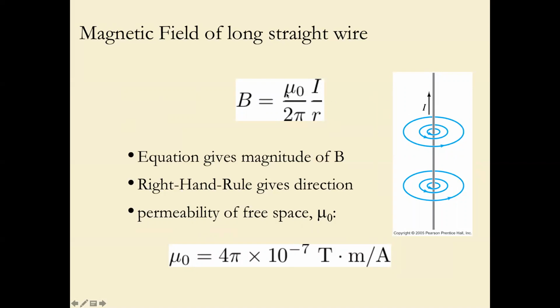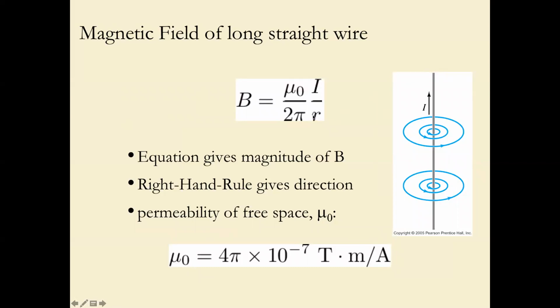As you can see here, the equation is mu0 I over 2 pi r. Mu0 is the permeability of free space. It's just a constant and it's given here. And I is the current. It depends on the current that goes through the wire. And 2 pi is again a constant, and r depends on the distance.